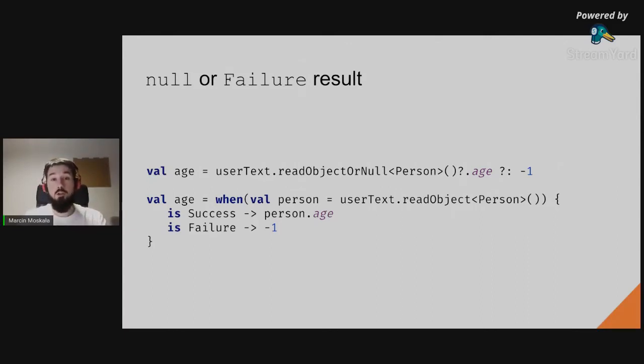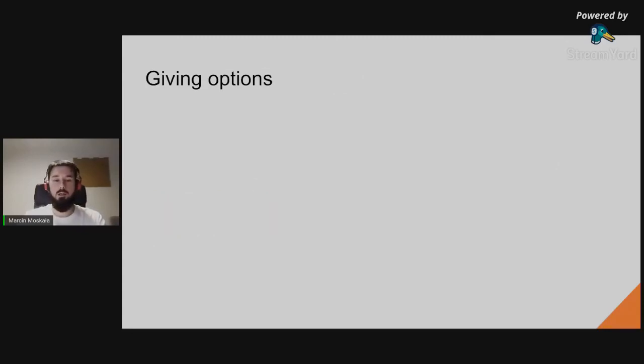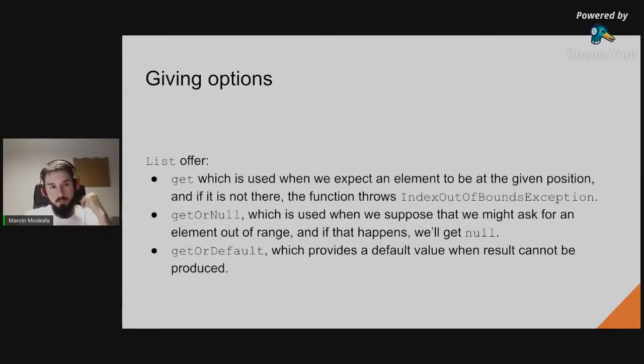From your perspective as a designer of an API, as this is where I assume you have the most decision, the good practice is to give options. Just like list gives options, and you can get element, you can get or null element, or you can get or default element.